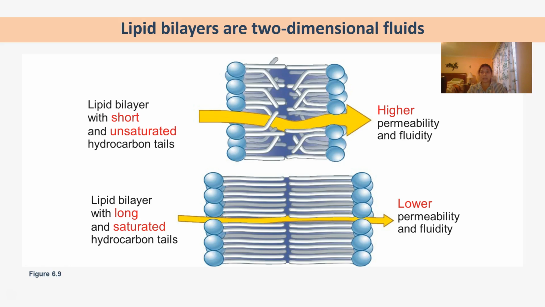Now, that doesn't mean that all short tails are going to be unsaturated and all long are going to be saturated. Quite the opposite. You would see a mix of these depending upon the needs of the cell and the needs of its environment, where these membranes are getting made and what they are going to be doing.